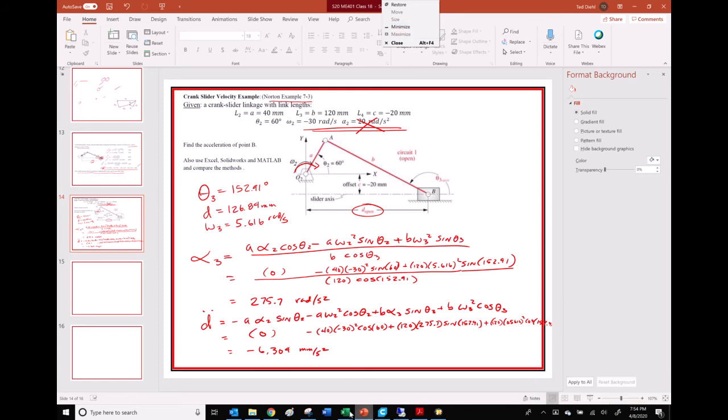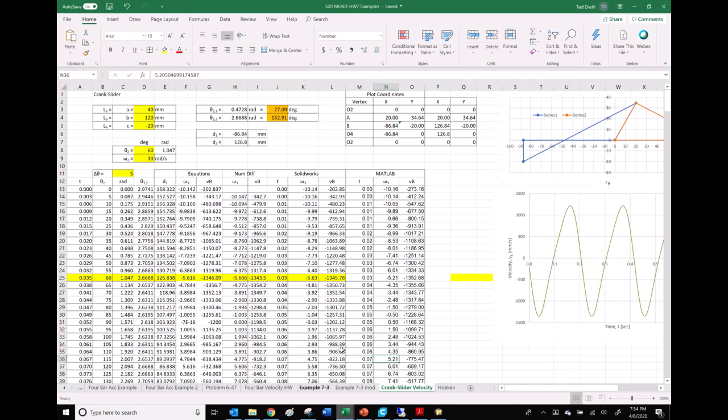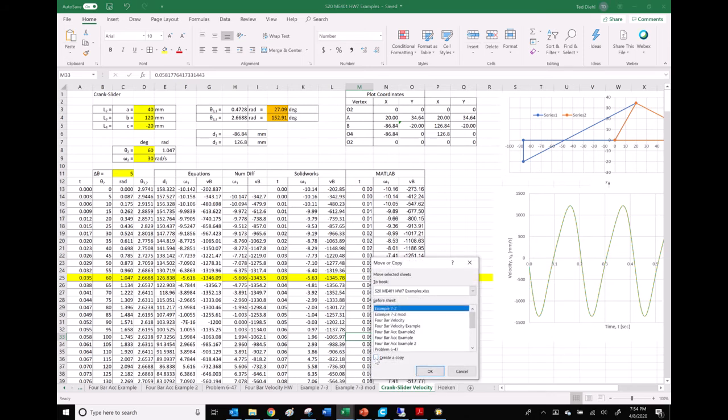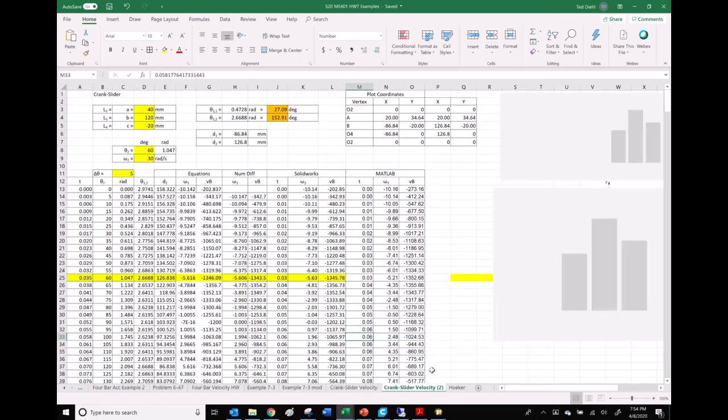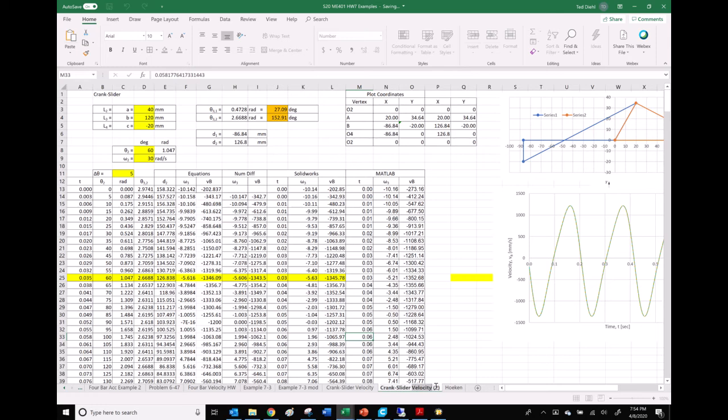Now in Excel, here's where we left off with a velocity example. I'm going to get rid of some things. Let me copy this over to a new page, and I'll just call it acceleration here.